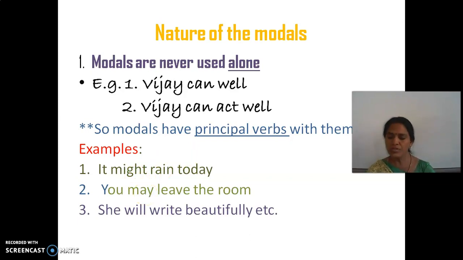I am using them in sentences just for example's sake. So, it might, then you have rain, the main verb. You may leave the room: may is a modal, then leave is your main verb. Then, she will write beautifully. Will is again a modal verb, then you have write as the main verb.